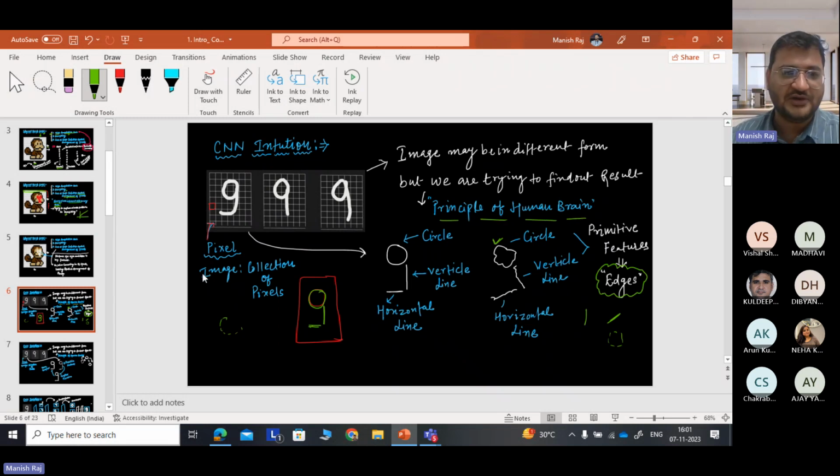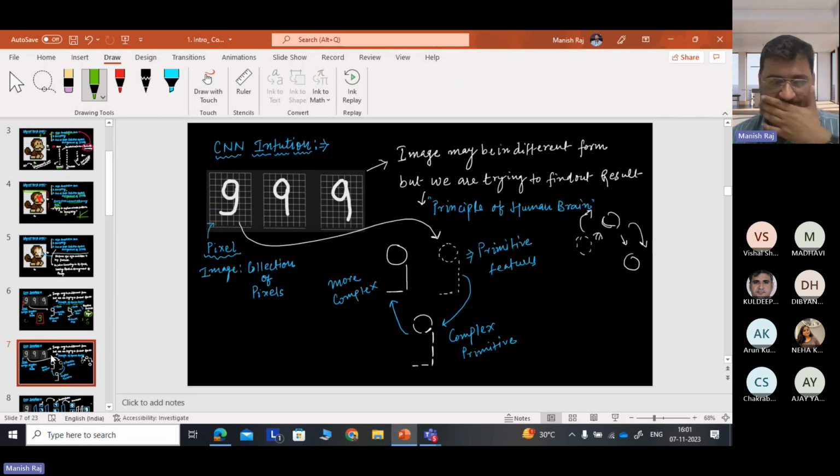So how is it happening, try to understand. If we break this structure into primitive features, likewise we are converting this circle into some slices, then some slices on the horizontal line.